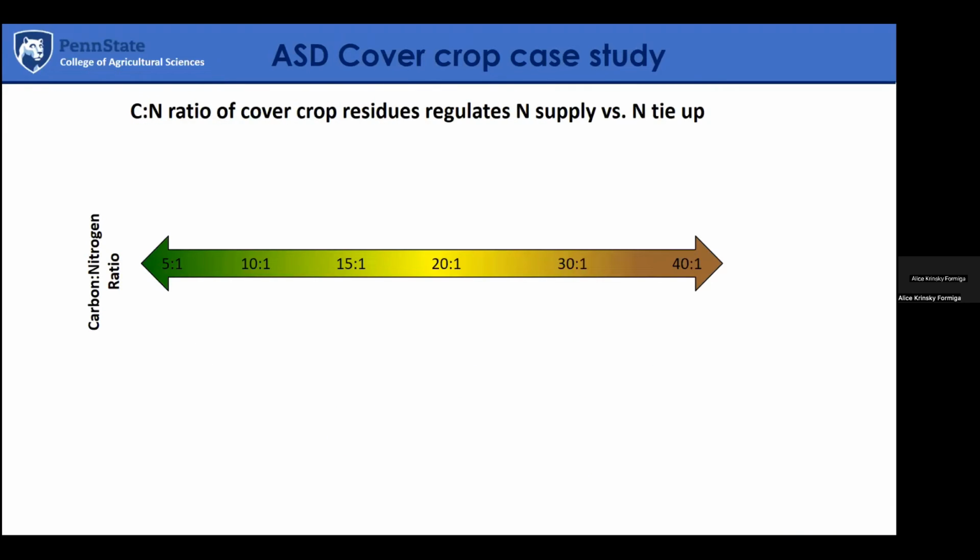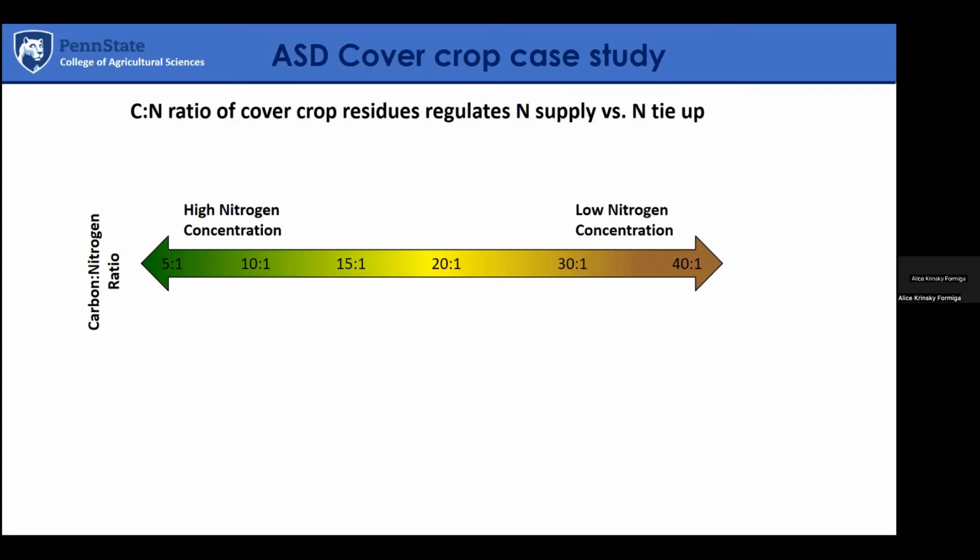So the carbon to nitrogen ratio, we keep coming back to this theme as it being really important in determining whether or not those cover crop residues are supplying nitrogen versus tying it up for the following vegetable crop. So this is the typical range that you would expect of carbon to nitrogen ratios of cover crops, going from 5 to 1 up to 40 to 1. Again, that low C to N ratio corresponds to a high nitrogen concentration.